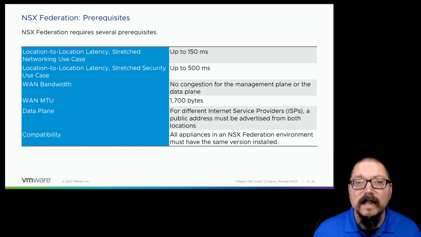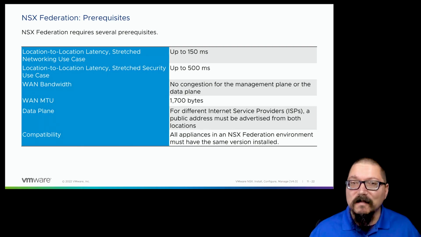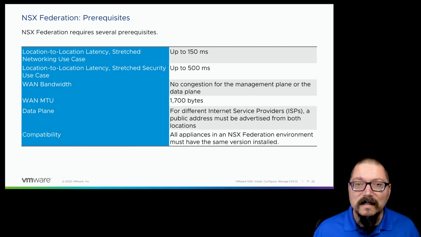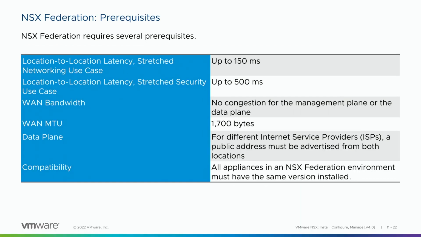One of the things we're doing here with federation is we're stretching overlay segments from location to location across sites. Well, that means there's Geneve involved. Let's not force a fragmentation of those packets from location to location. We just don't want fragmentation. And we also recommend no congestion for our management or data plane.